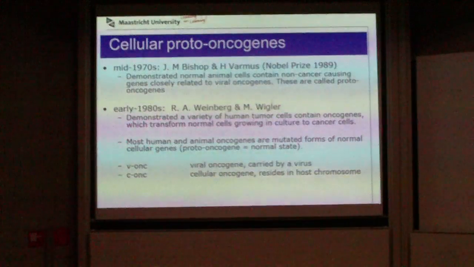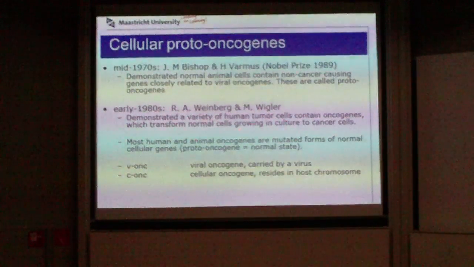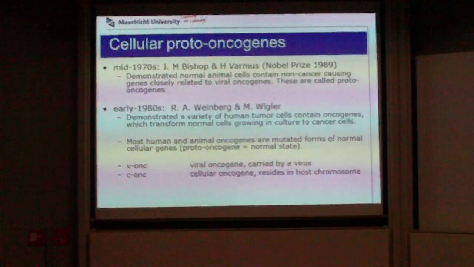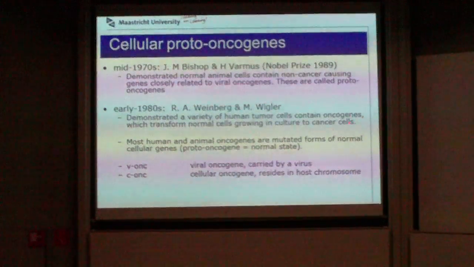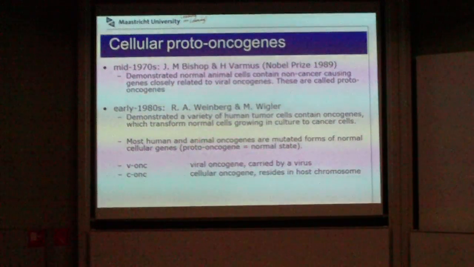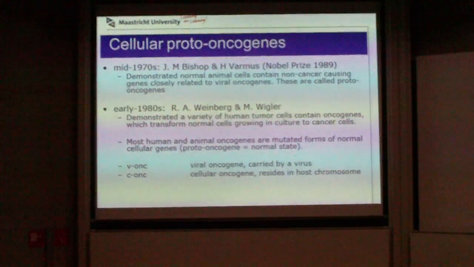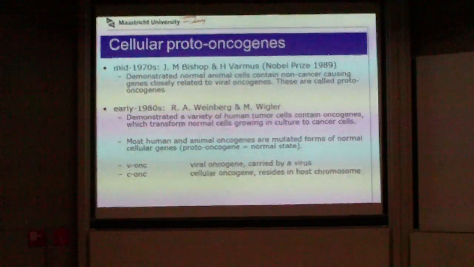Later it was demonstrated that a variety of tumor cells contain oncogenes which transform normal cells growing in culture into cancer cells. So the proto-oncogene is the normal state that has to be activated in order to transform a normal cell into a cancer cell.